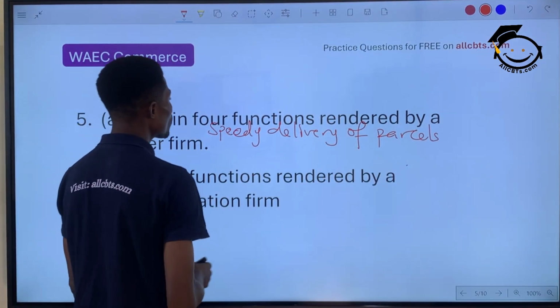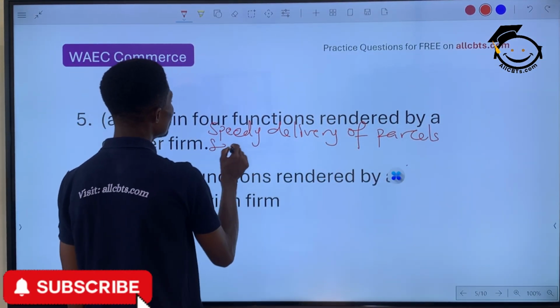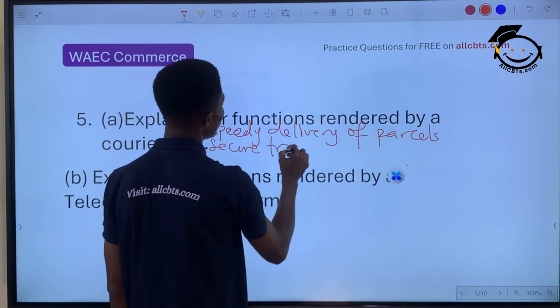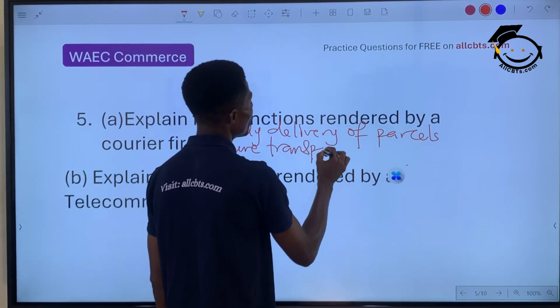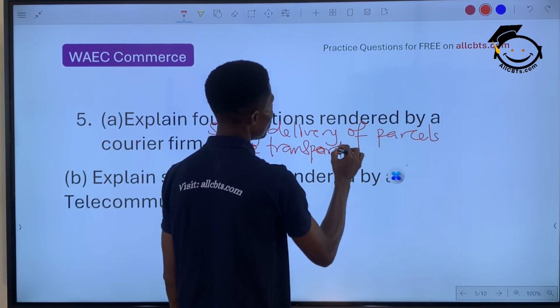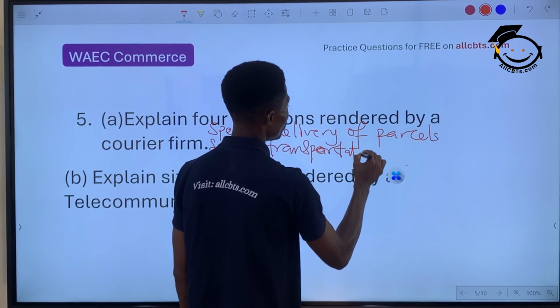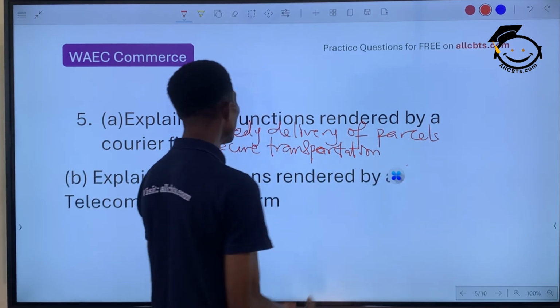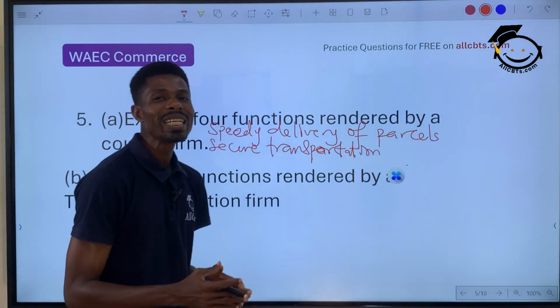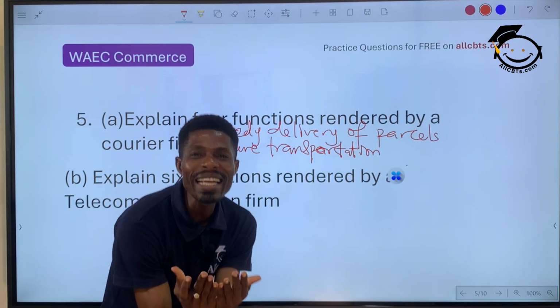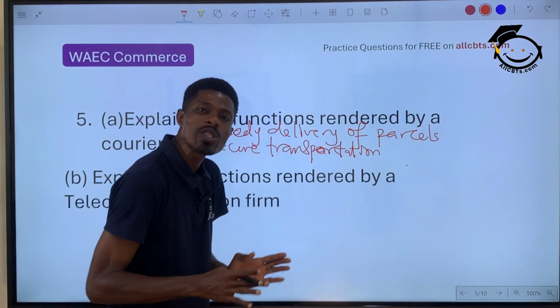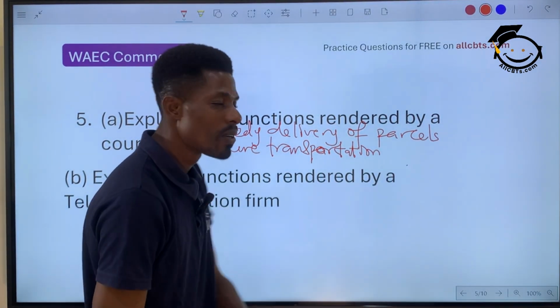The second function is secure transportation. They ensure the safe handling of goods and documents to where it is needed.